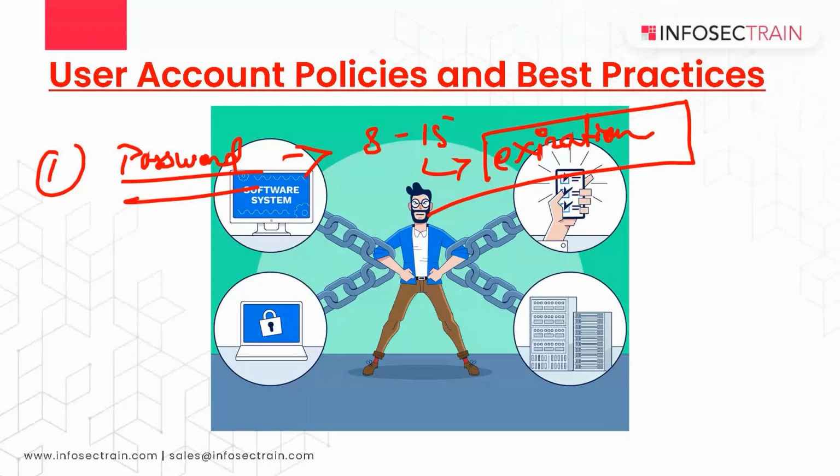So our password, after a particular period of time, should expire, so that we continuously change the password. Even if someone gets to know the password we had, they won't be able to access it with that previous password, because we are continuously changing it.